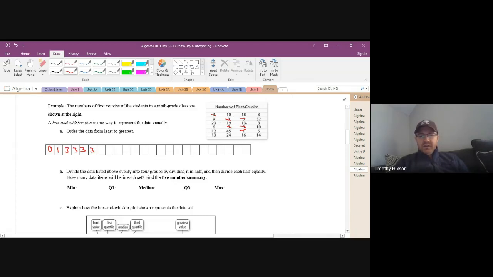There are no 4s. There's a 5 there, and here's a 6. There are no 7s, but there are two 8s, so I'm going to write down both of those: 8, 8, 9. Oh, there's a 10.